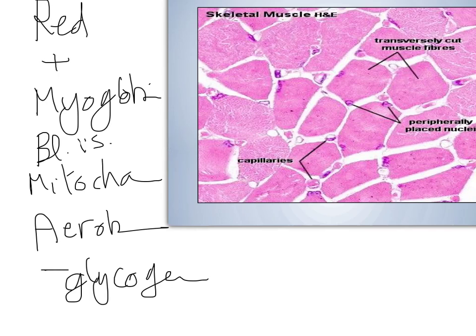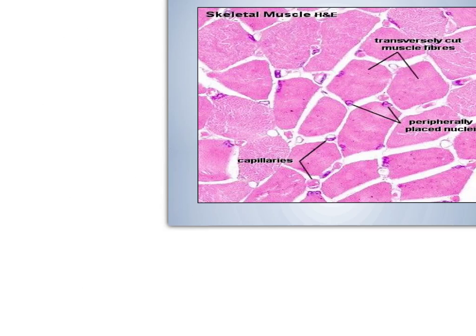On the other side, we have the white fibers. The white fibers, which can be seen here, are less stained than the red. This is the red and this is the white.